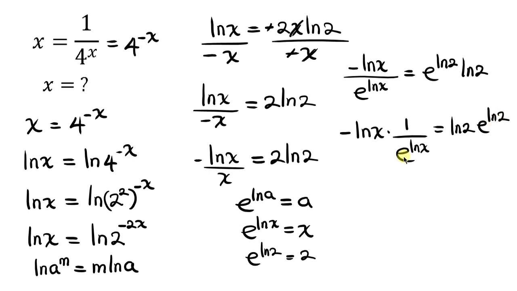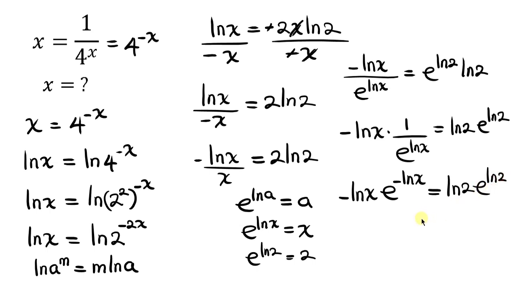Now notice that this is an inverse expression, which can be written as a negative exponent. So this one can be negative ln x times e to the, remember, negative exponent, negative ln x. And this is equal to ln 2 times e to the ln 2.